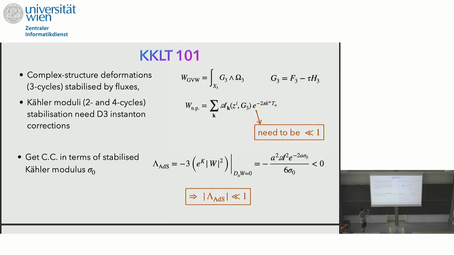Once we have both of them, we can get a cosmological constant that is in terms of the stabilized Kähler modulus sigma 0, if you have one modulus.